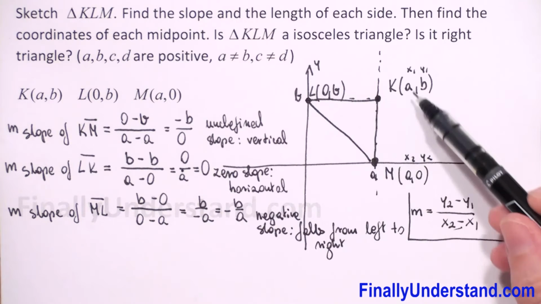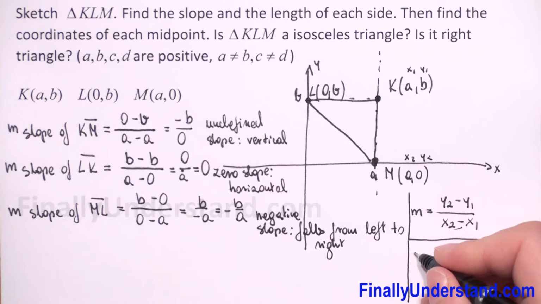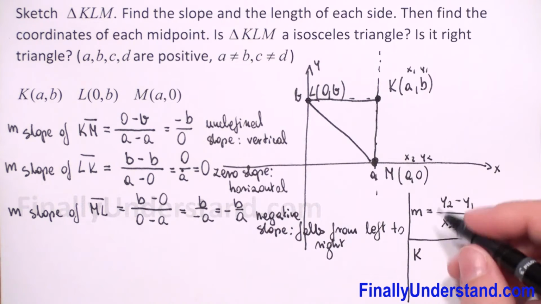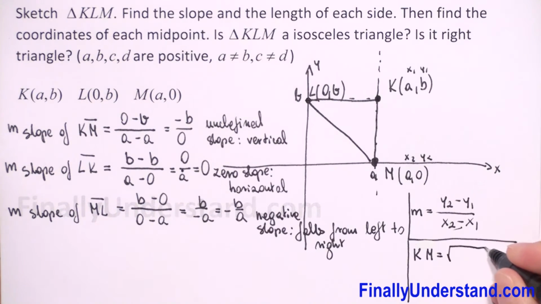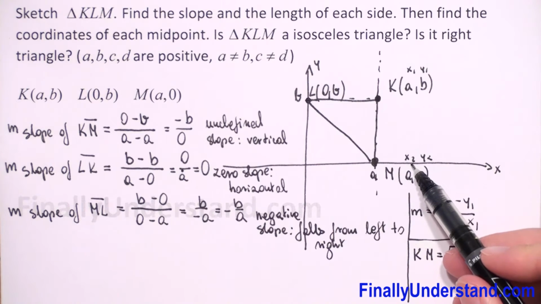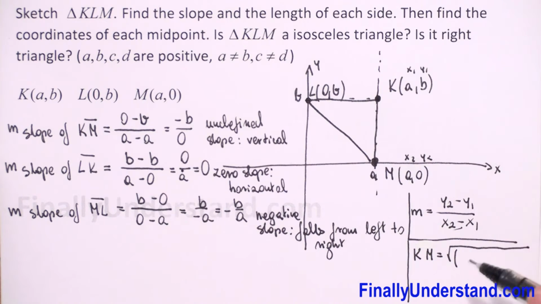When we have 2 points, the distance between these 2 points, K and M, is equal to the square root of, where M has coordinates (x2, y2) and K has coordinates (x1, y1), x2 minus x1 to the second power plus y2 minus y1 to the second power.